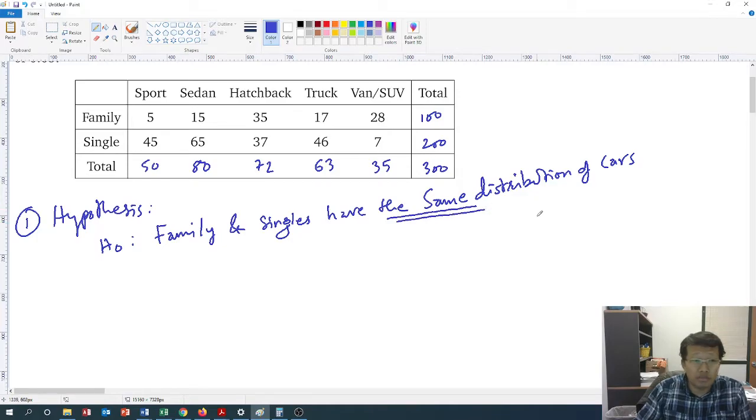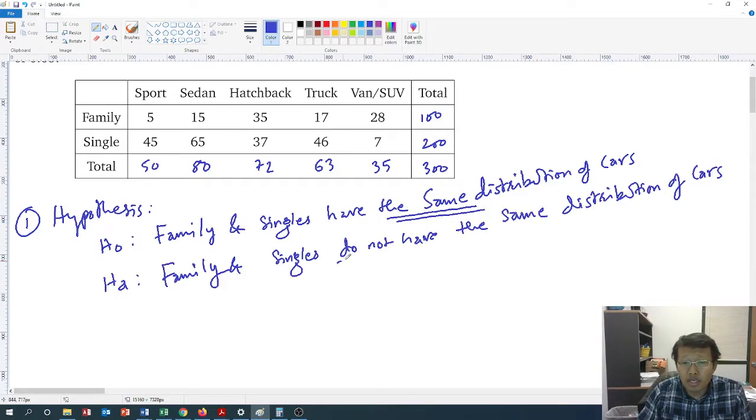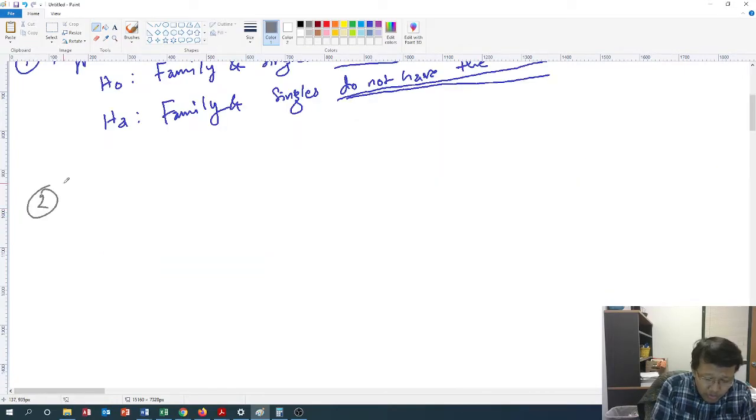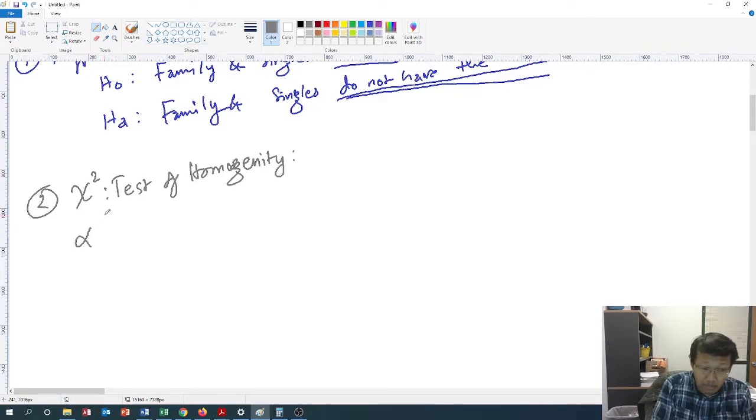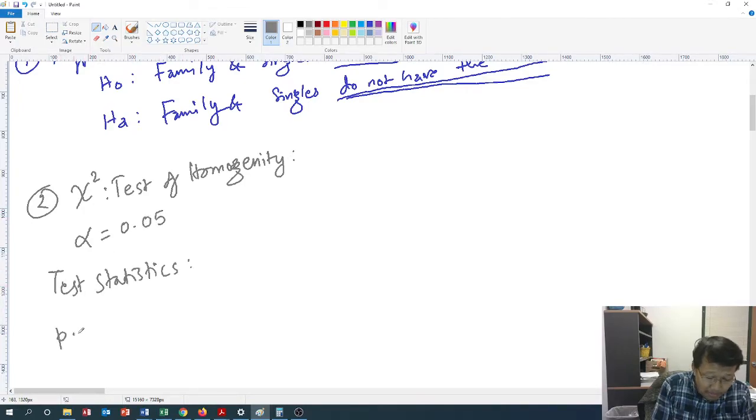Alternative: families and singles do not have the same distribution of cars. Number 2, we go for chi-square test of homogeneity. Alpha, the significance level 95% or 0.05, right? And test statistic, p-value, we need to find these things.